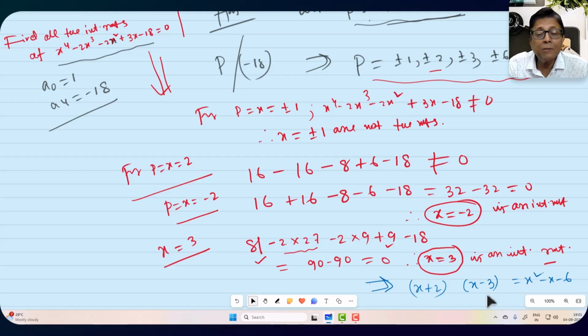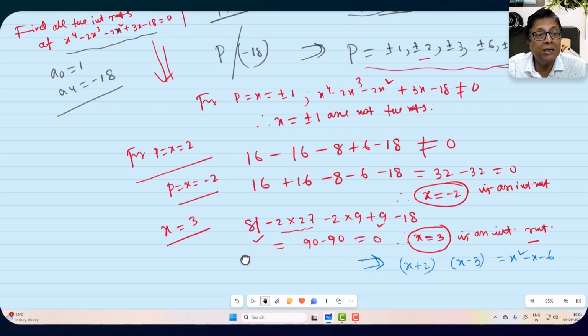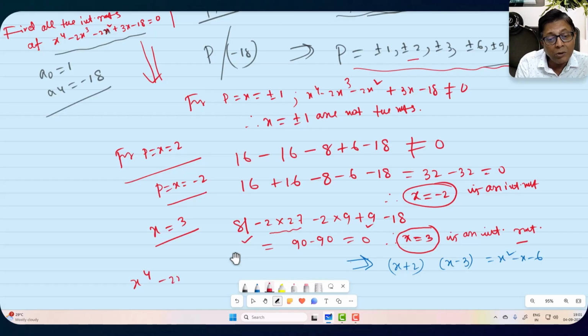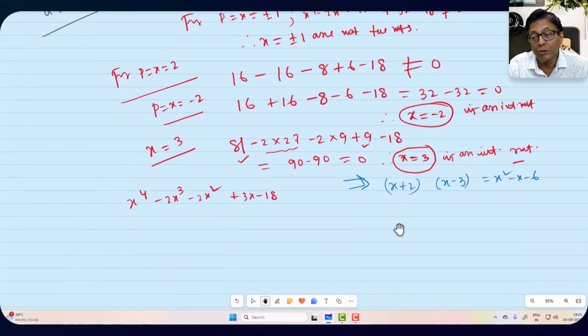Now x plus 2 and x minus 3 both divide this one, so their product also must divide. So here we got a quadratic factor. We can rewrite the equation now, that is x^4 minus 2x^3 minus 2x square minus 3x minus 18. We are going to factorize it.